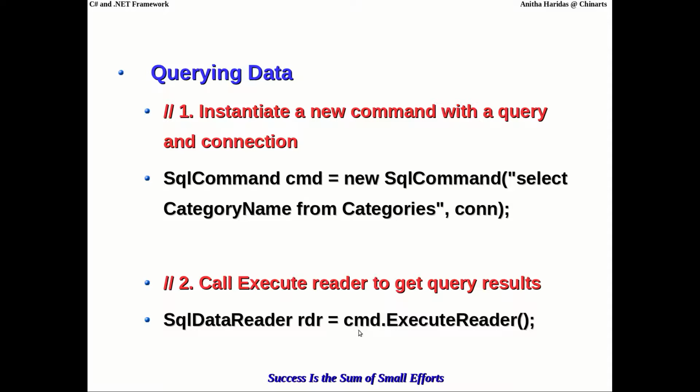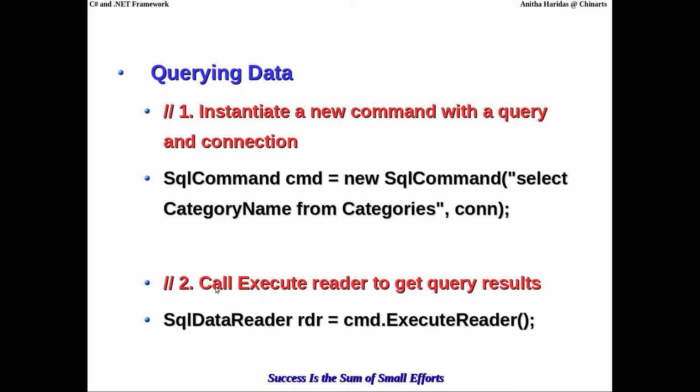We have already seen the command object has many different execute methods. So if you are going to do an insert query or an update query, you will be using a different execute method. If you are going to use a select query, then we will be using the execute reader method. We will be discussing everything in detail in the upcoming slides. Okay.